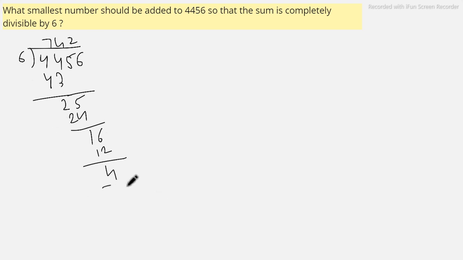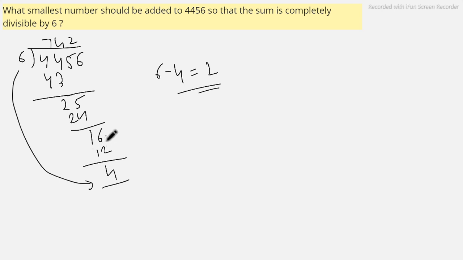So how much extra do we need to add? That is the divisor minus the remainder: 6 minus 4 equals 2. How do we arrive at this? If you see here, we take 6 and here it is 16.